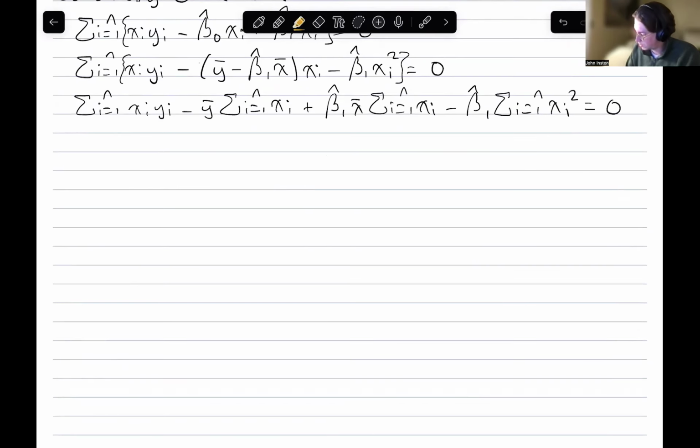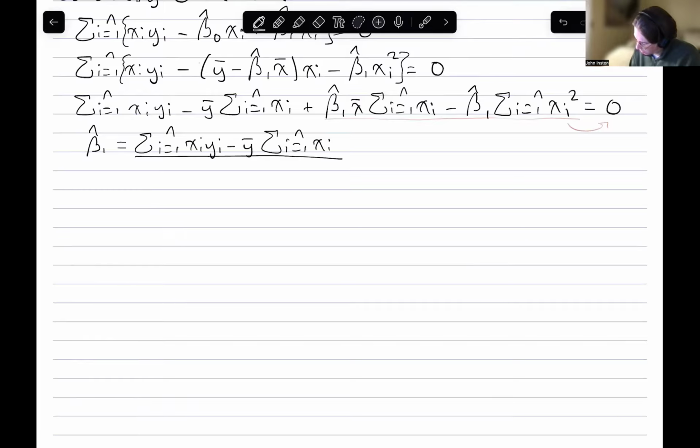Moving these terms across to the other side and factorizing out beta 1, we end up with beta 1 hat equal to the sum of xi yi minus y bar times the sum of xi, divided by the sum of xi squared minus x bar times the sum of xi.